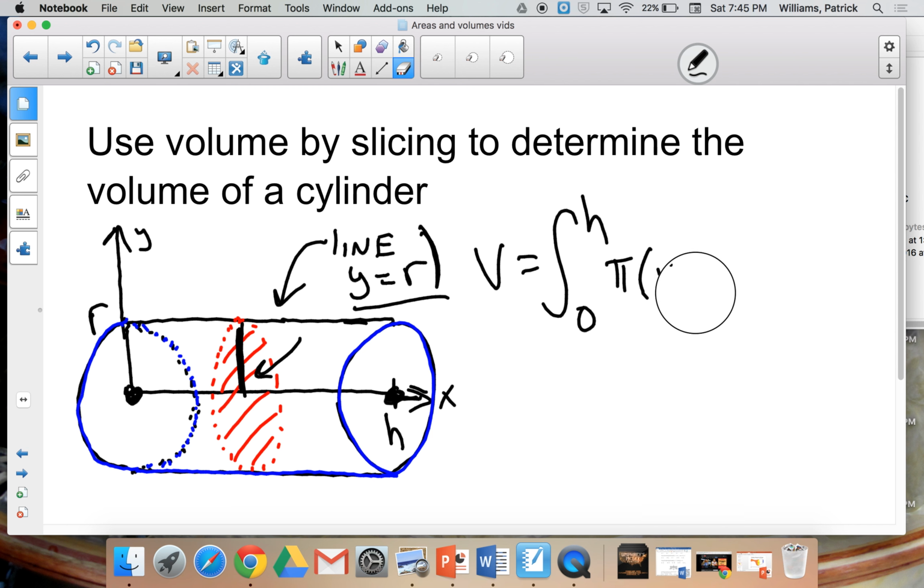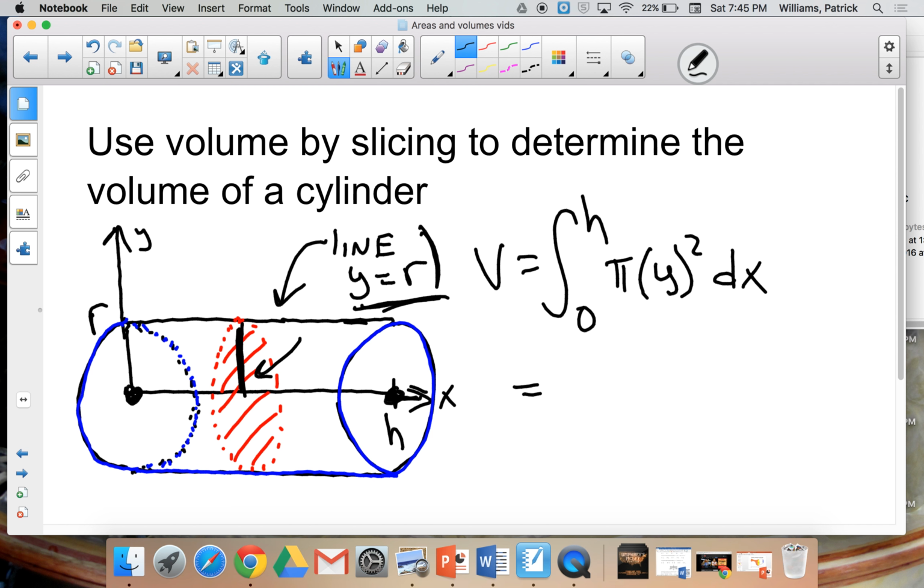And I'm actually first going to write this as pi times y squared dx, but our function y is equal to r. So if I replace that, I get 0 to h of pi r squared dx.